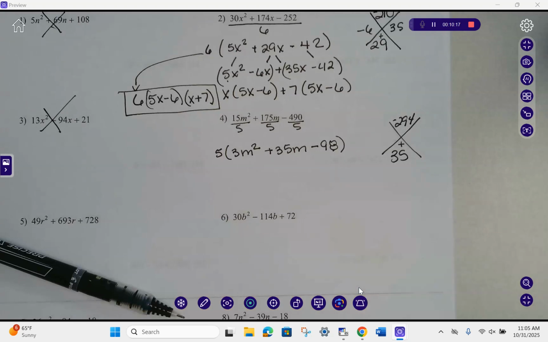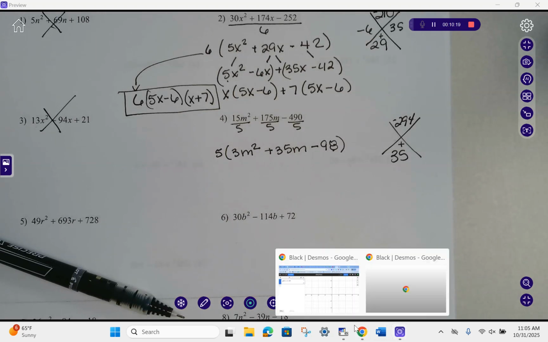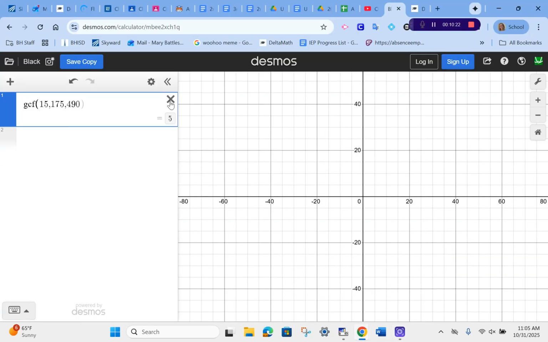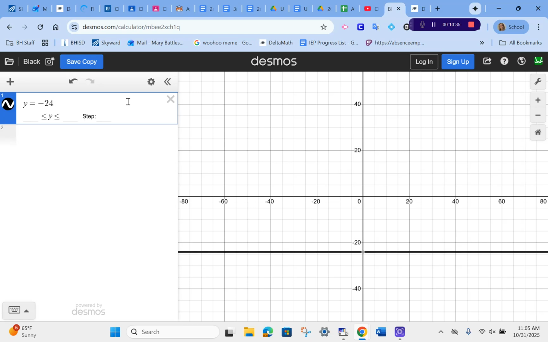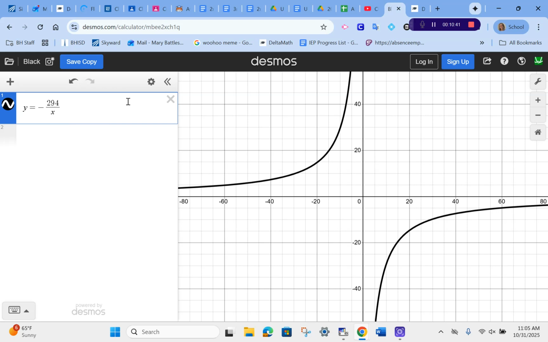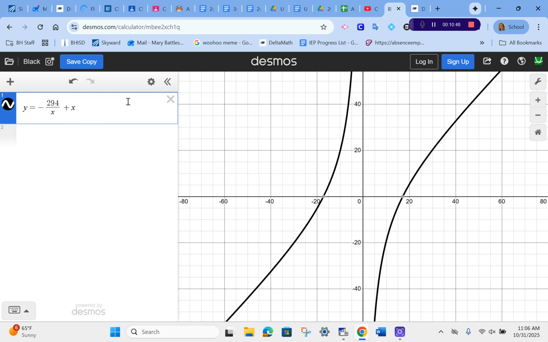All right, so let's go back into Desmos and let's type in y equals negative 294 divided by x. Exit out of the denominator and put in your plus x. All right.